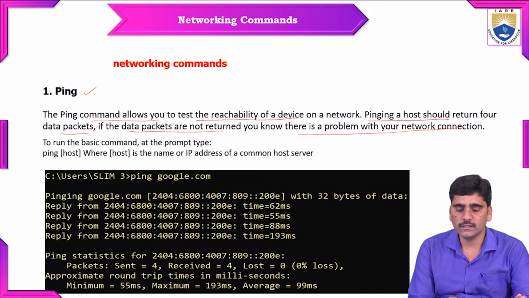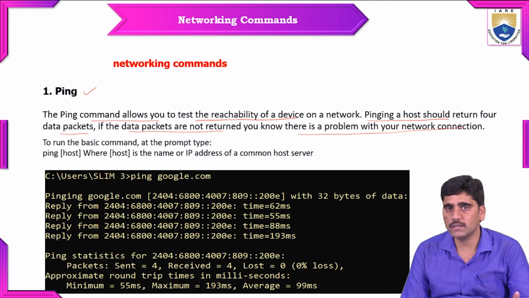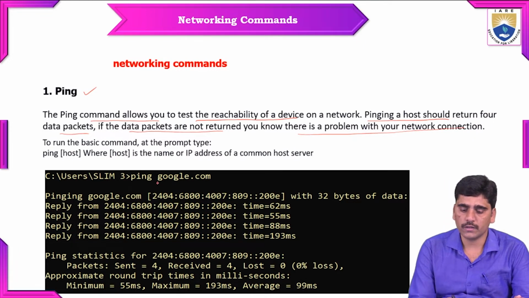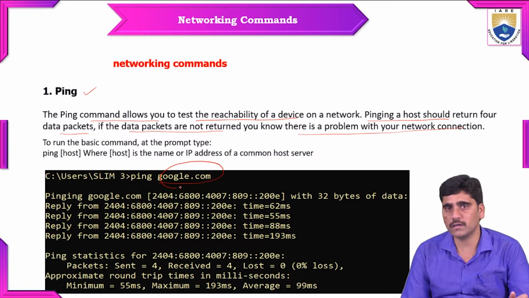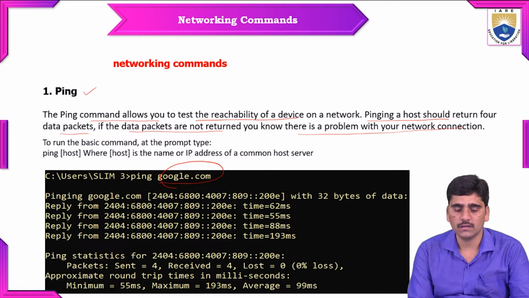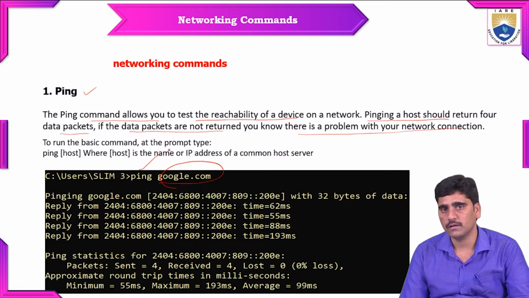So it tests whether the destination is reachable or not. You can type the destination address, that means a host address or IP address. Once it is found, it replies with the help of the ping command.